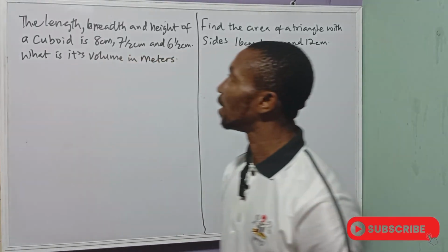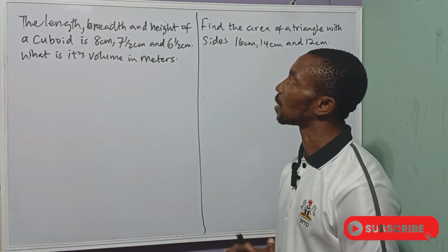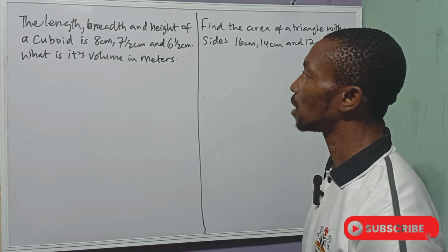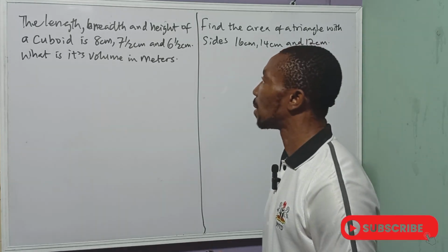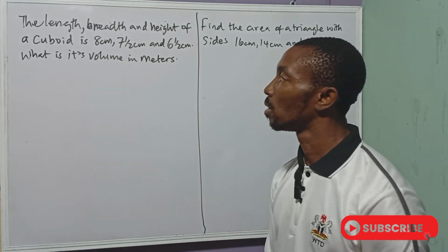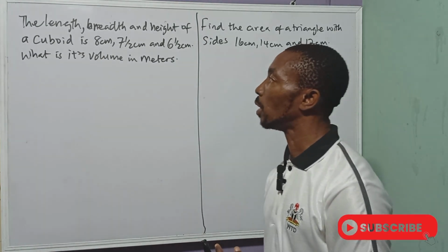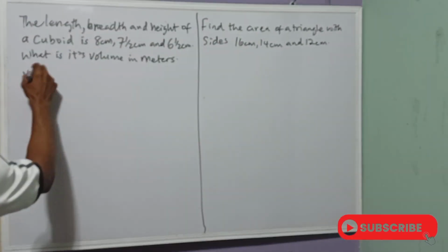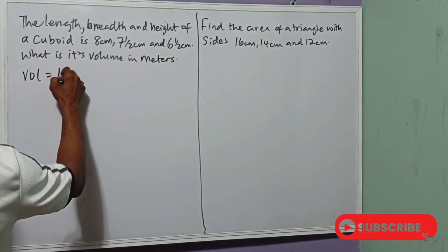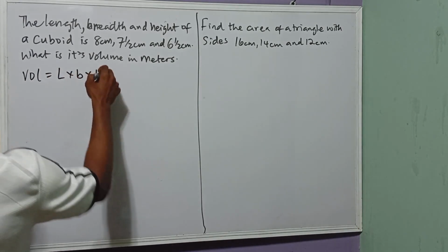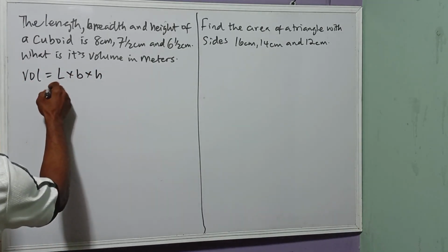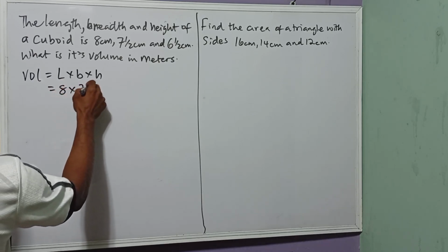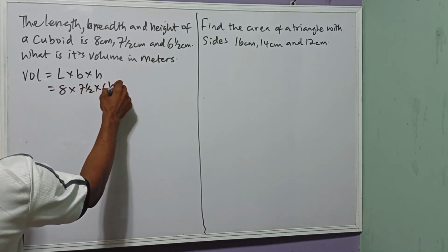Our next question says, the length, breadth, and height of a cuboid is 8 cm, 7.5 cm, and 6.5 centimeters. What is the volume in meters? Now, we know that volume of a cuboid equals length times breadth times height. This will be 8 times 7.5 times 6.5.